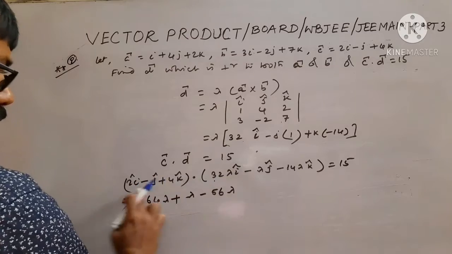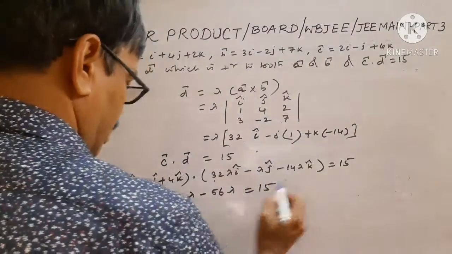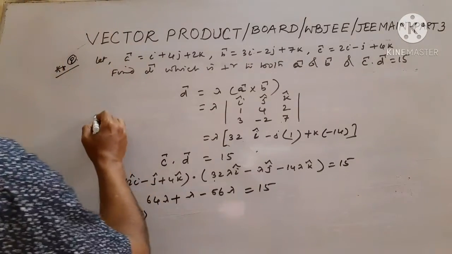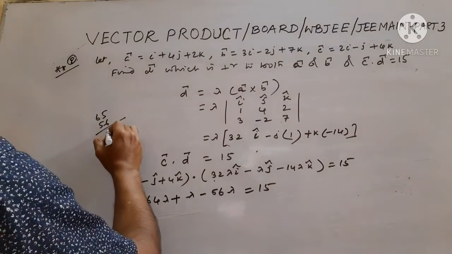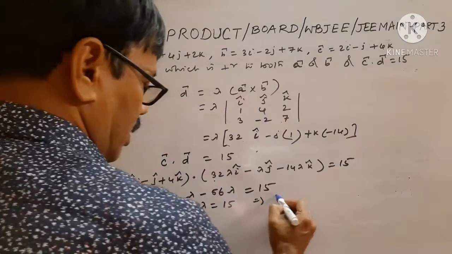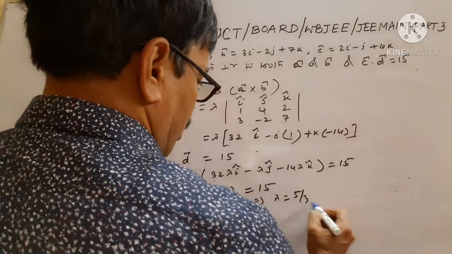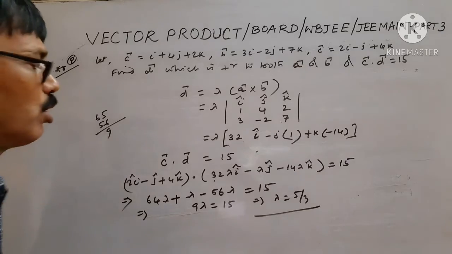So 64 plus 1, 65, minus 56, so this is 9. 9 lambda equals 15. So what is lambda? 5 by 3. Now what is D?